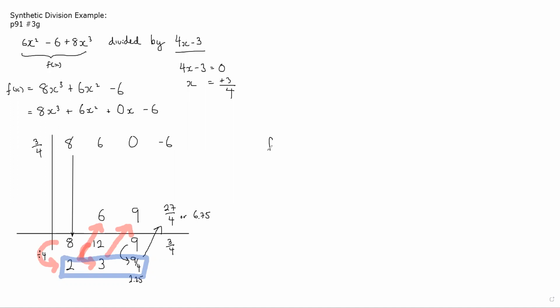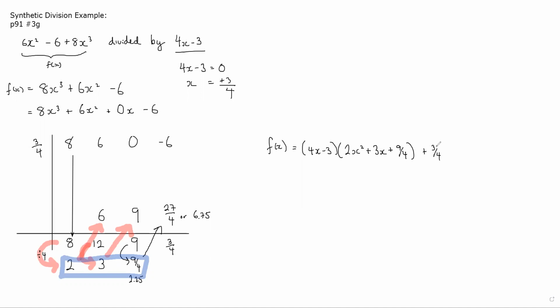And the final answer: f of x can be represented as a multiple of 4x minus 3, and the answer I have here is 2x squared plus 3x plus 9/4. And what I have as a remainder would be 3/4 or 0.75.